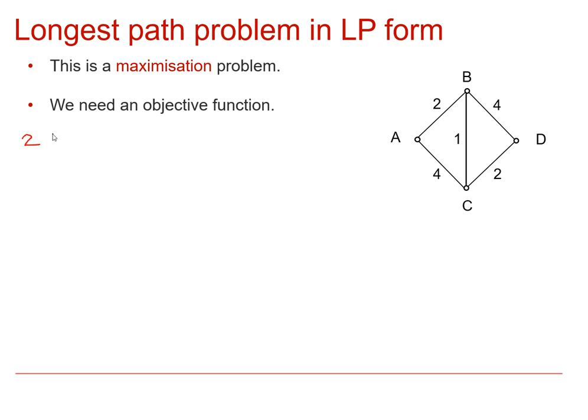So when I write 2AB, that's either 2 times 1 or 2 times 0, depending on whether AB is included or not. And then we have 4AC and so on, like that.